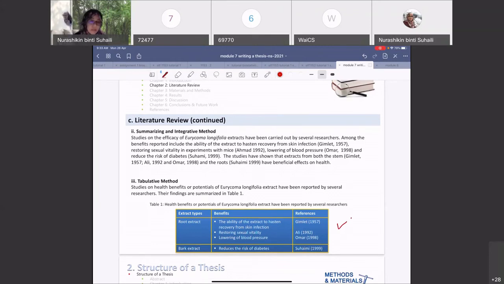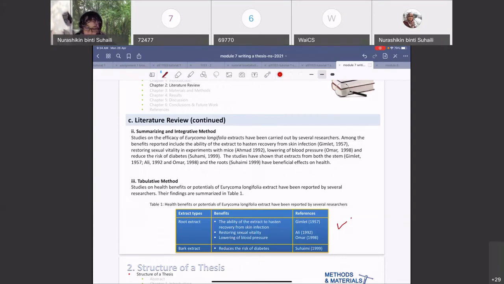Maybe you want to emphasize certain important points. Not everything, as I said. For example, the latest applications can be in the form of a table. You can say Table 1 summarizes the applications of lay cases in the industrial sector, so they are for the food industry, the wastewater industry, and so on.